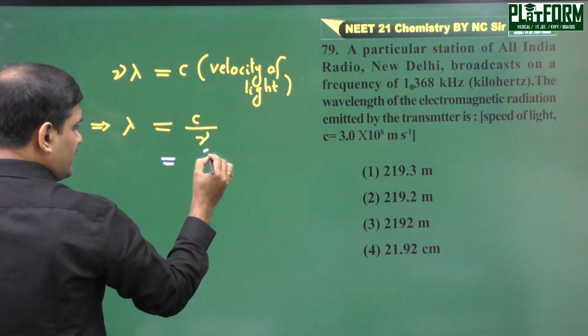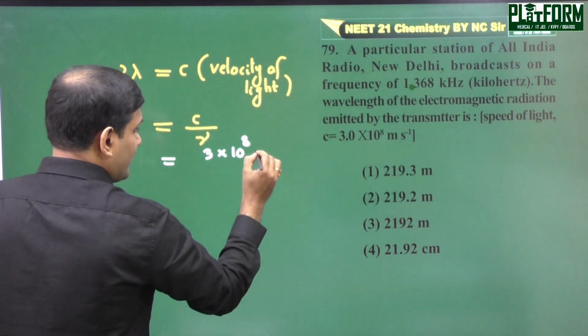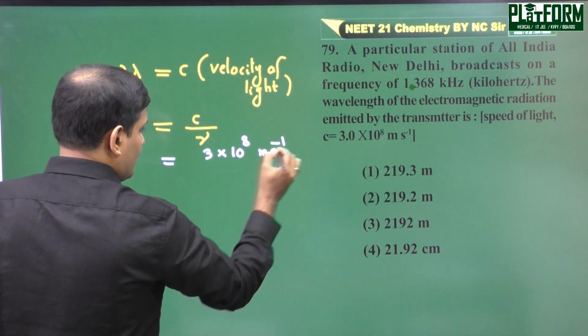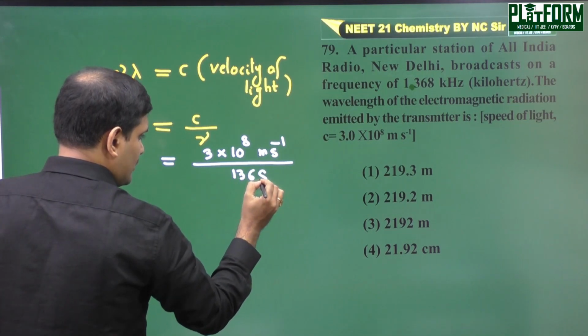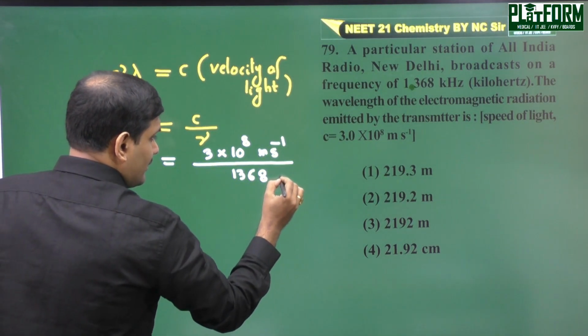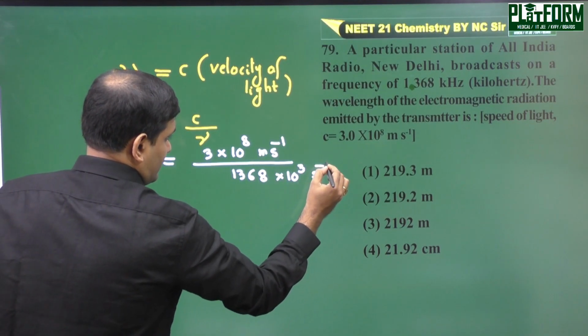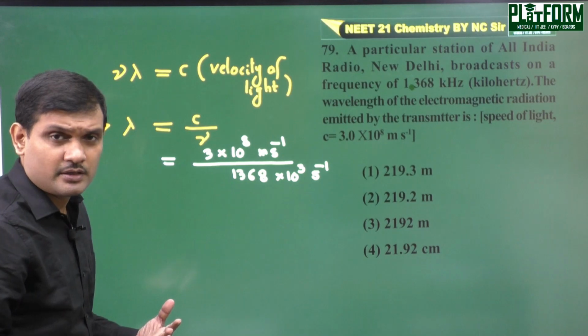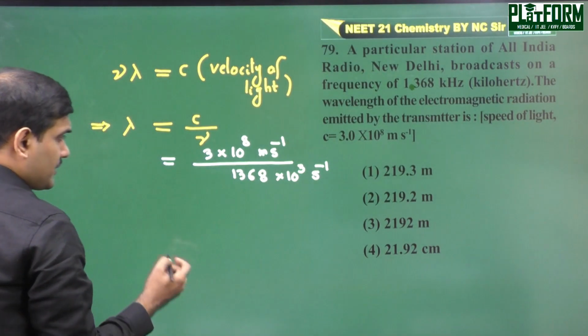It is 3 into 10 to the power 8 meter per second, whereas nu is 1368 into 10 to the power 3 second inverse. Kilohertz, I am converting kilohertz into hertz, into 10 to the power 3 hertz. Hertz means second inverse.